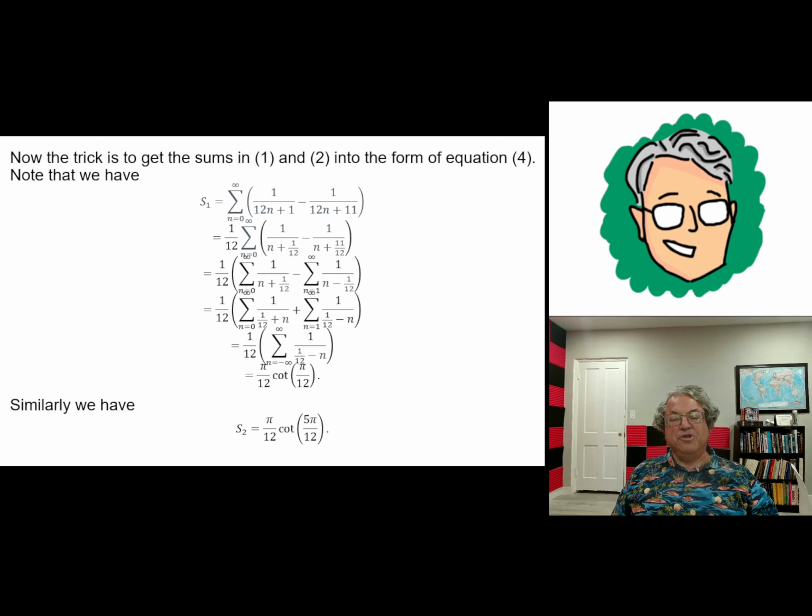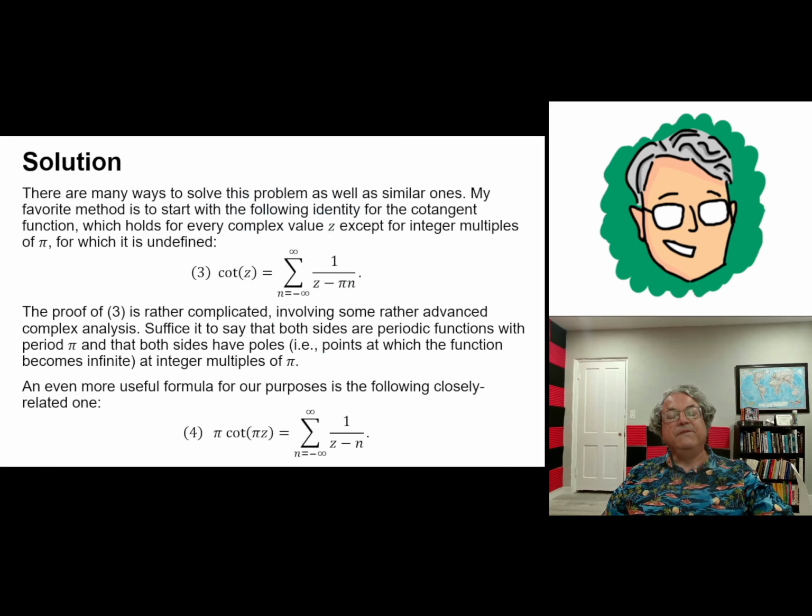So finally, we can rewrite this sum as 1/12 times the infinite sum, going from minus infinity to infinity, of 1 over 1/12 minus n. Well, we finally got it in the form we want. We got it in the form of equation 4. Let me go back to that one again so you can see it. Yes, we got it in the form of the equation on the bottom here, where now z is equal to 1/12.